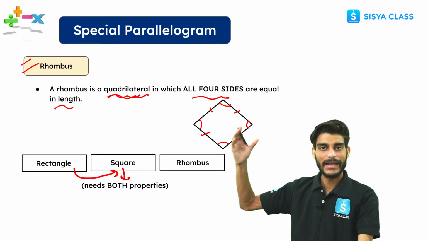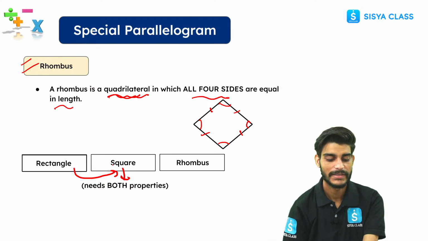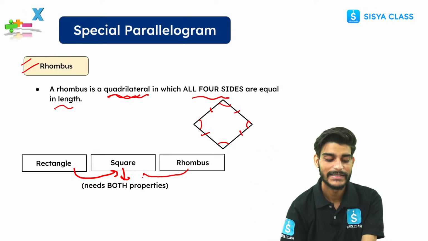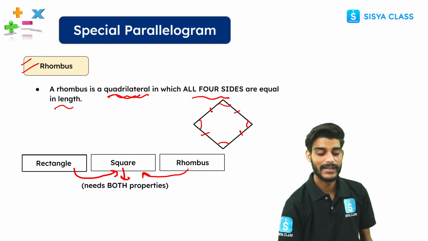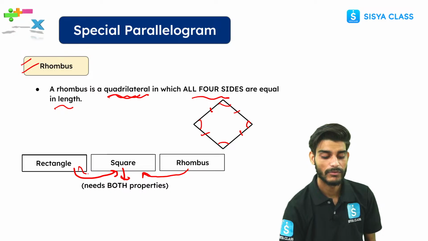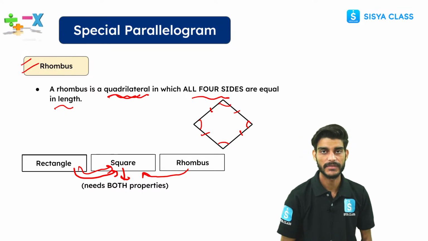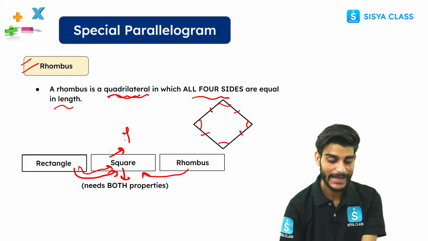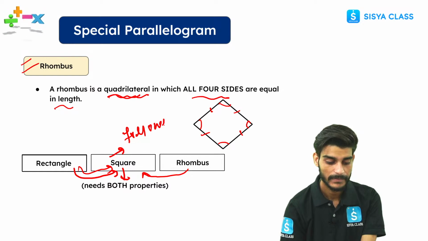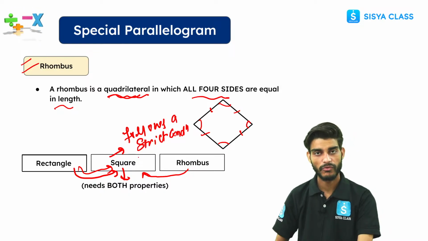What properties of rectangle does a square satisfy? Opposite sides are equal, obviously. From rhombus, all sides are equal. And from rectangle, it also satisfies that all angles equal 90 degrees. So two properties from rectangle, one property from rhombus, right? So that makes a square. So this follows a strict condition.